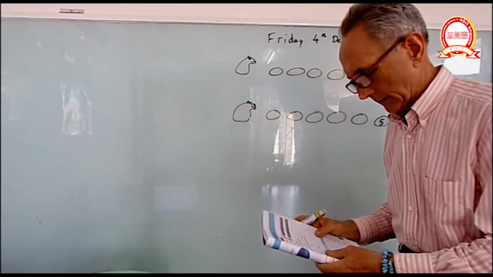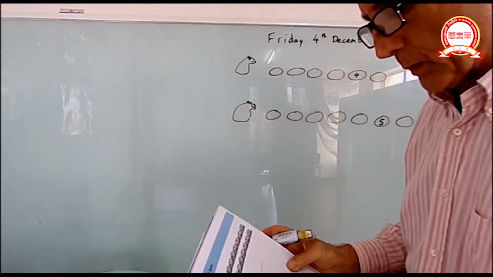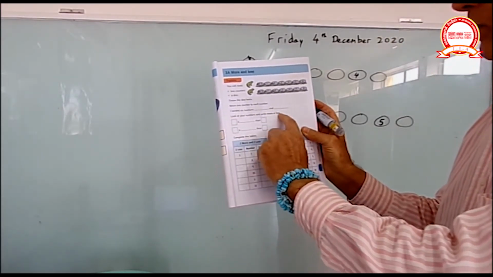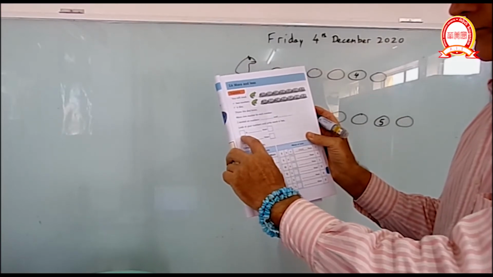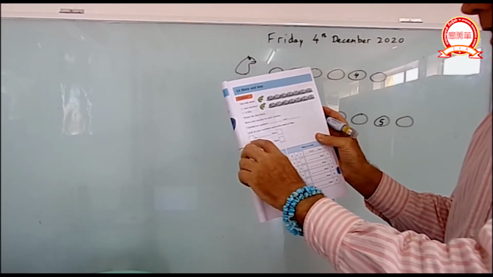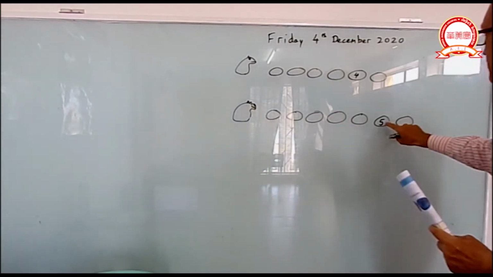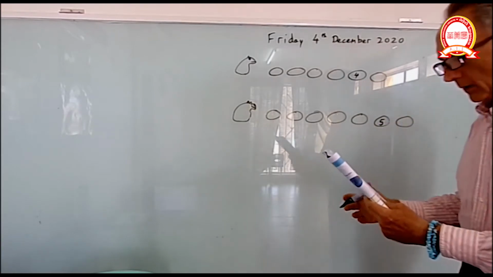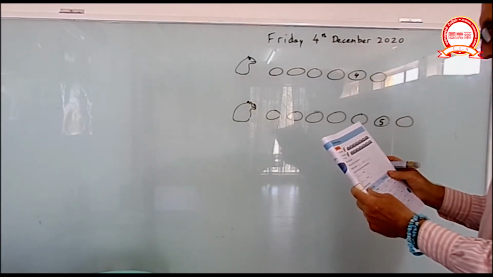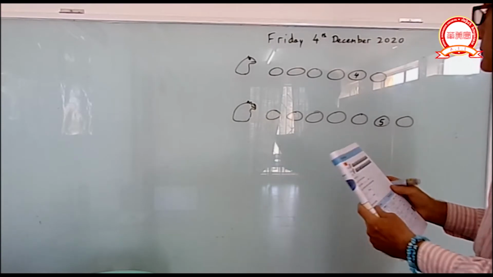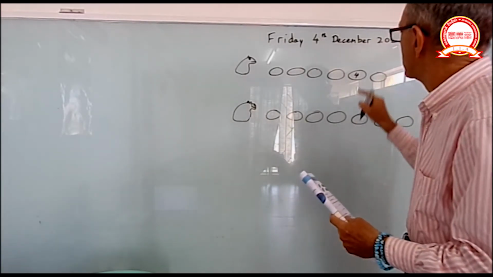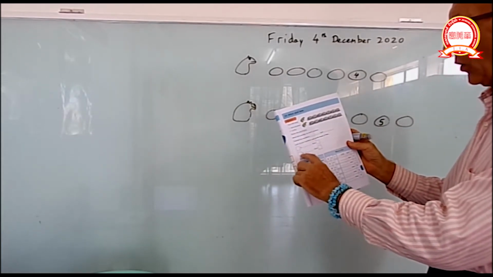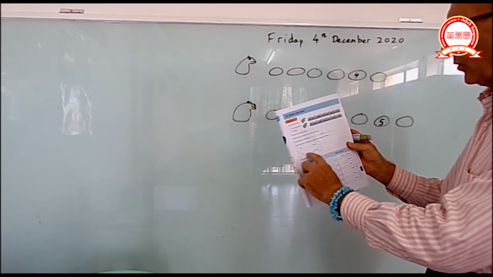So, I landed on numbers and then you write your numbers in here. You look at your numbers and write more or less. So, I would write 5 is more than 4. 4 is less than, so you do that one there, and then here you write 4 is less than 5.